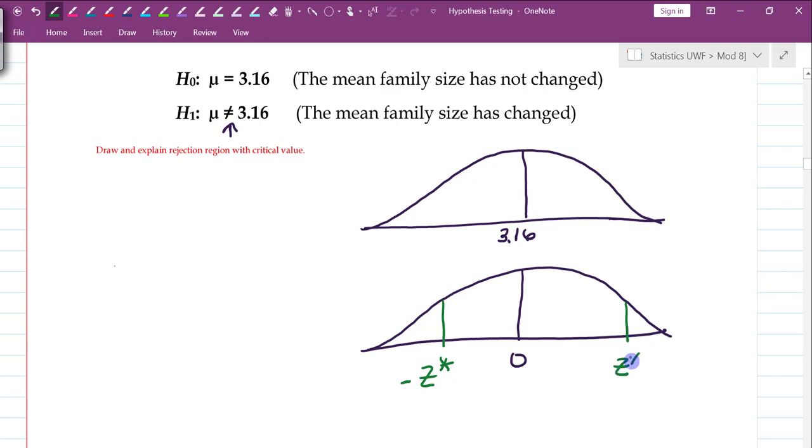I have a negative and a positive because I have a two-tailed test which says not equal. It says that if I have data way down in here or way up in here, then I know that the new situation is different than what was previously known, okay?